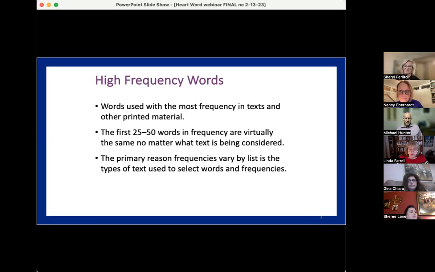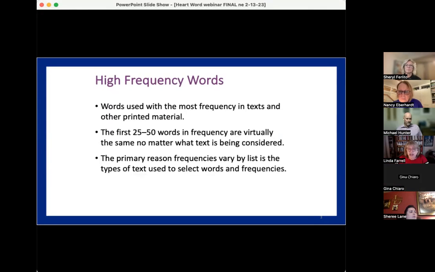And so again, high frequency words, there isn't one list that's the best. They're all good because all these words are important. So they're the words that are used most often in text. And, of, to, they're generally our glue words, our function words, the beginning ones.